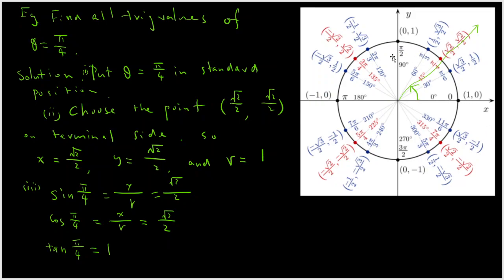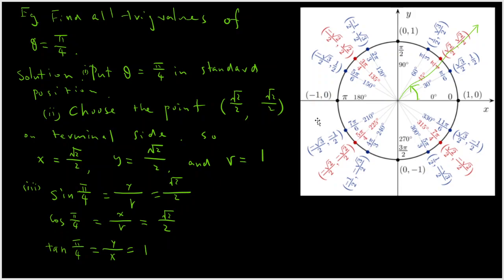For any angle you need to divide. Okay, for this one I will do this one in some more detail. Tan of pi over 4 is defined as y over x, right? X value and y value is equal. Yeah, that's why tan of pi over 4 is equal to 1. Okay.